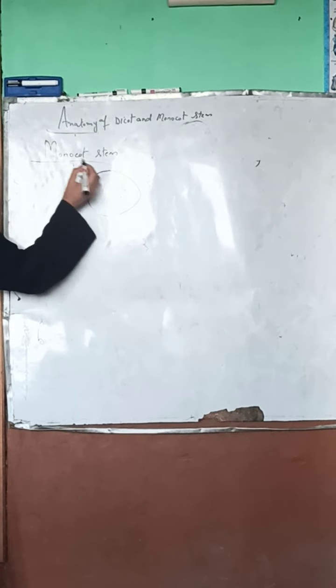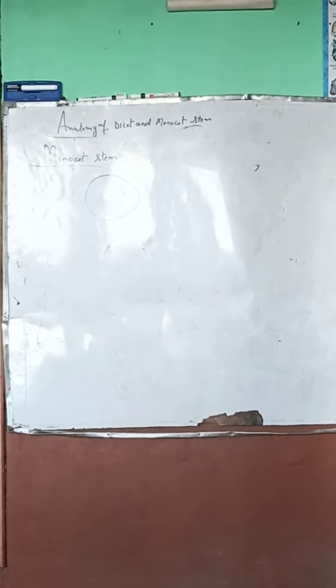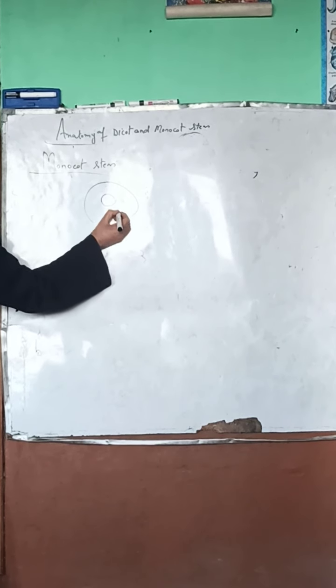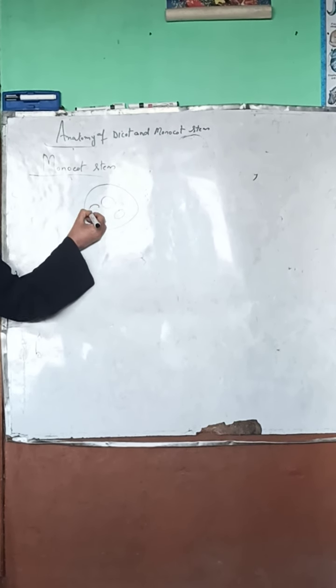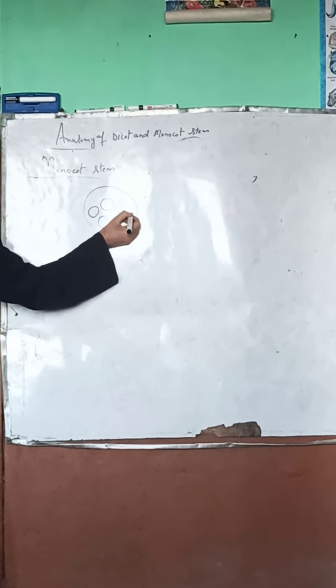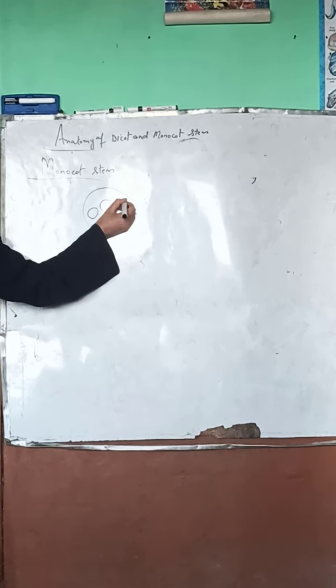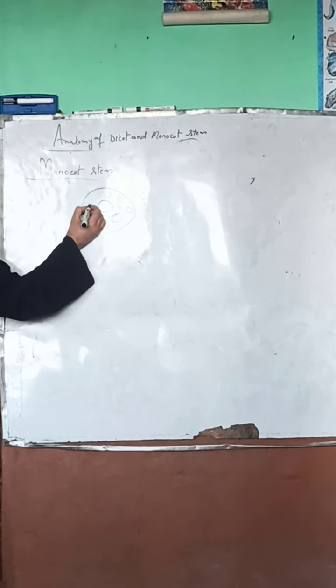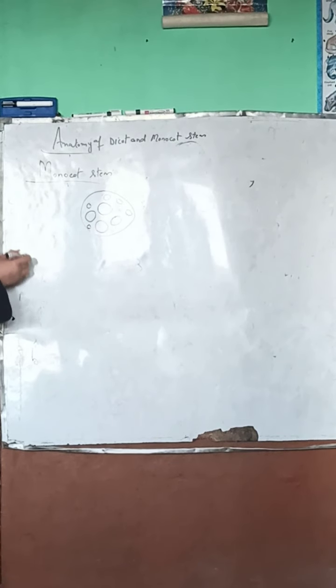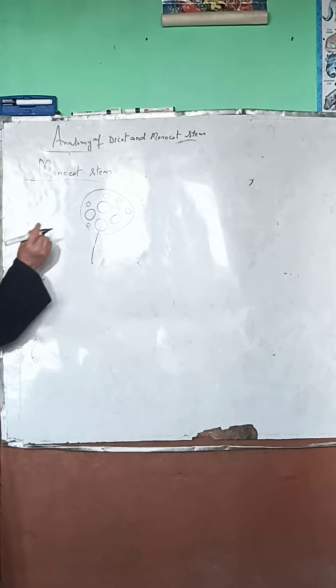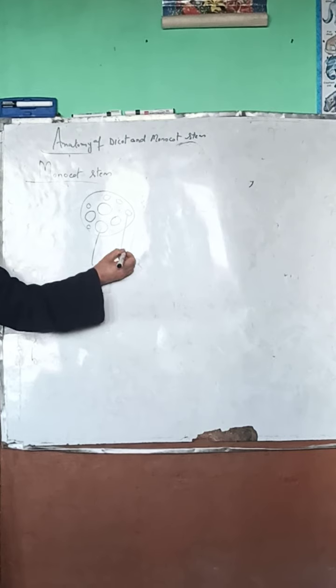For example, these are vascular bundles, and some are small and some are large.